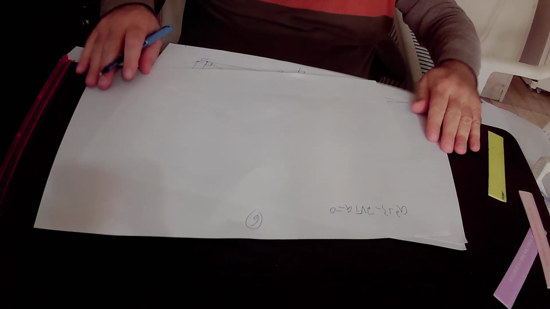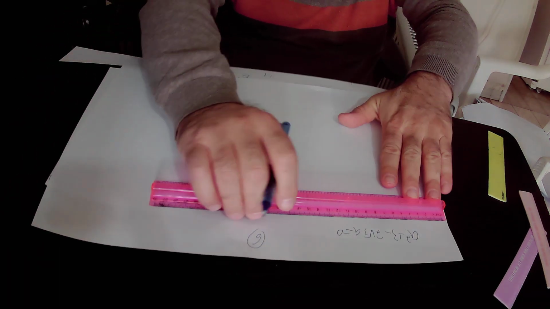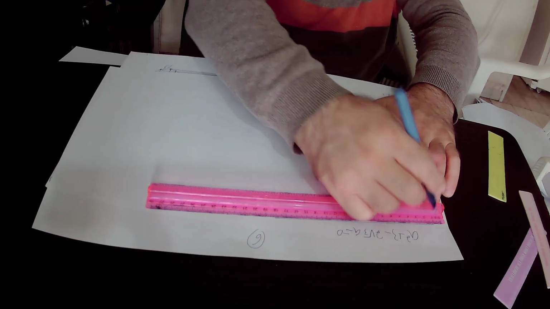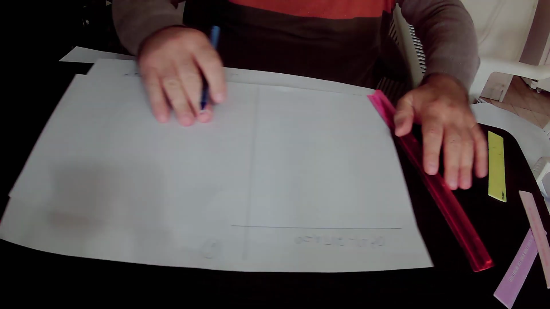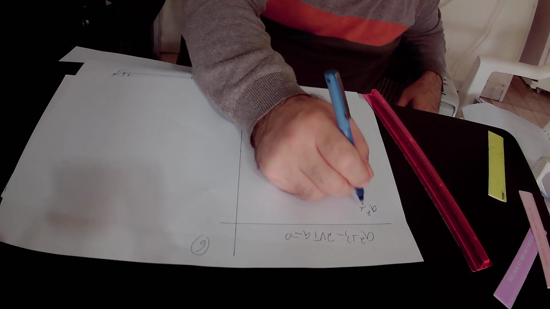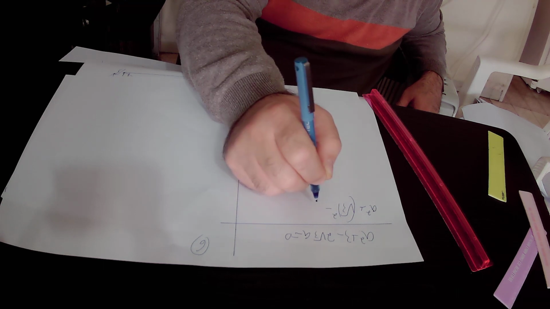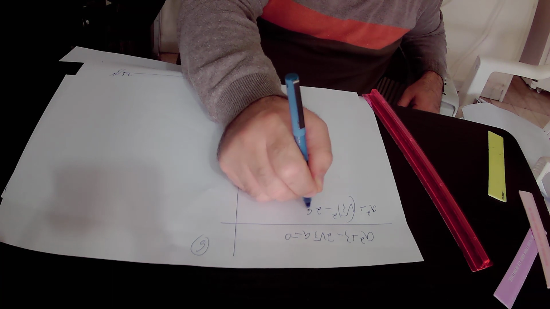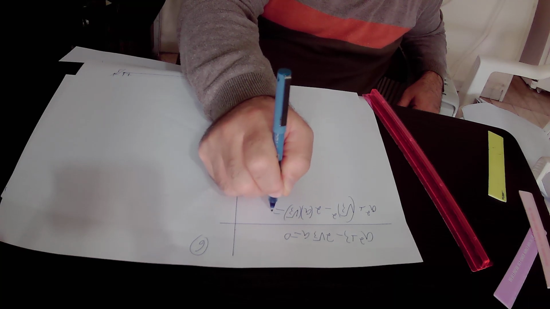We know that 3 is actually square root of 3 squared. So we will substitute 3 by square root of 3 squared. And we will get that a squared plus square root of 3 squared minus 2 times a times square root of 3 equals 0.